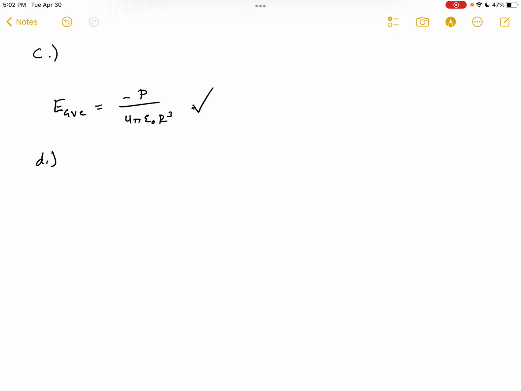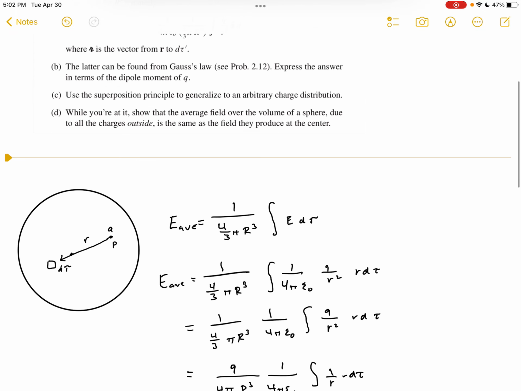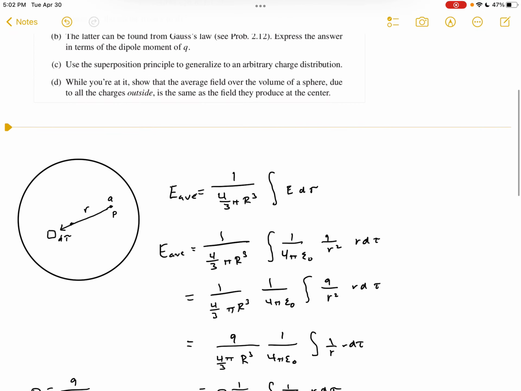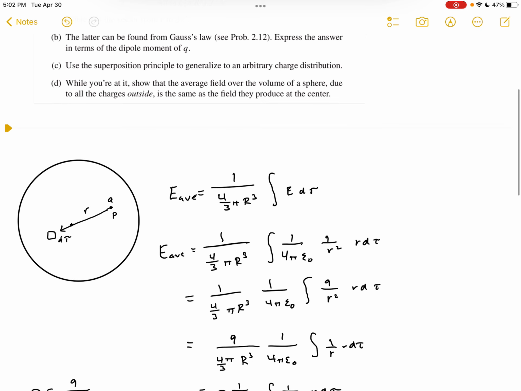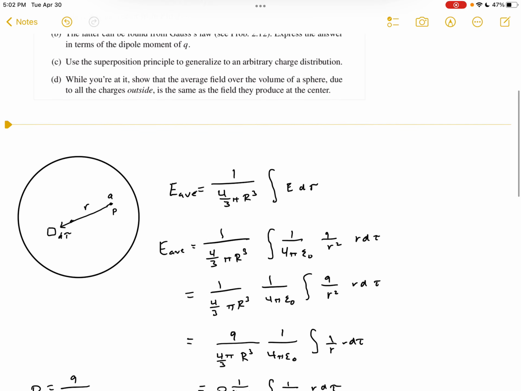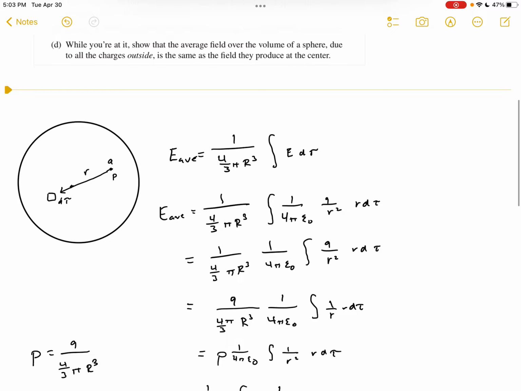And lastly, part D, where the charge q is placed on the outside of the sphere. We're going to show the average field over the volume of a sphere with the charge on the outside. So the charge q is placed on the outside of the sphere at r.